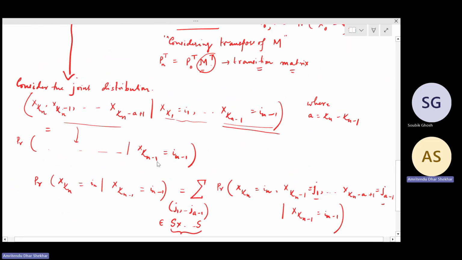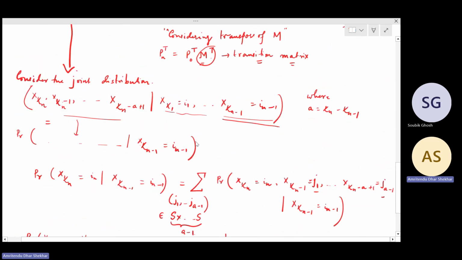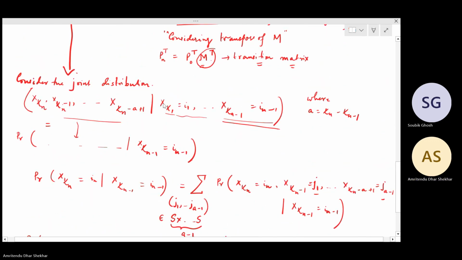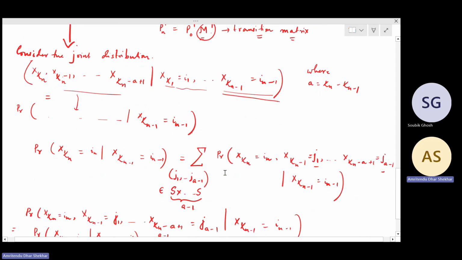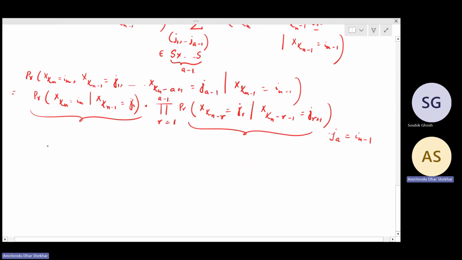The reason we arrived at this is that, from here we can get here because the probability at each of these steps is independent of what happens before k_{n-1}.